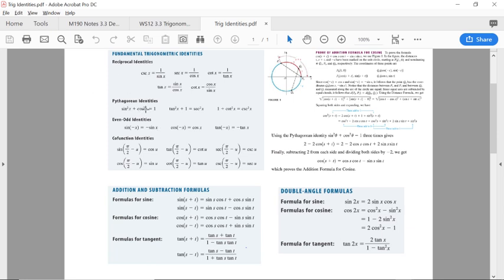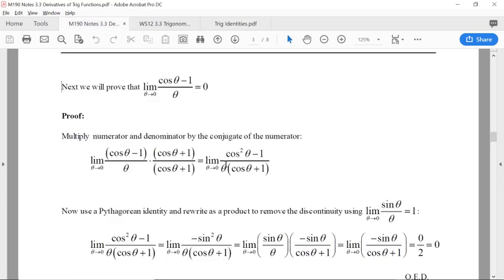Cosine squared of x is equal to 1 minus sine squared of x. So you can replace cosine squared of theta by 1 minus sine squared of theta, and then combine like terms. The 1 minus 1 cancel each other out, and you're just left with a negative sine squared theta in the numerator.